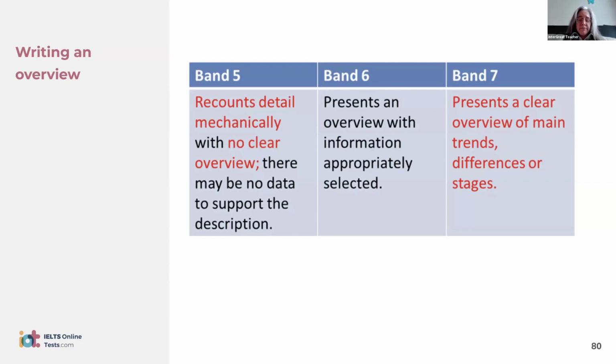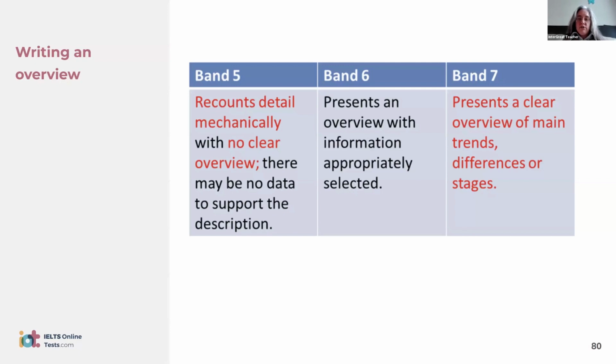You might write the perfect introduction and the perfect main body, but you haven't included a general overview. And it's the fact that you haven't included a general overview which will mean that the maximum you can get for task response or task achievement is band 5.